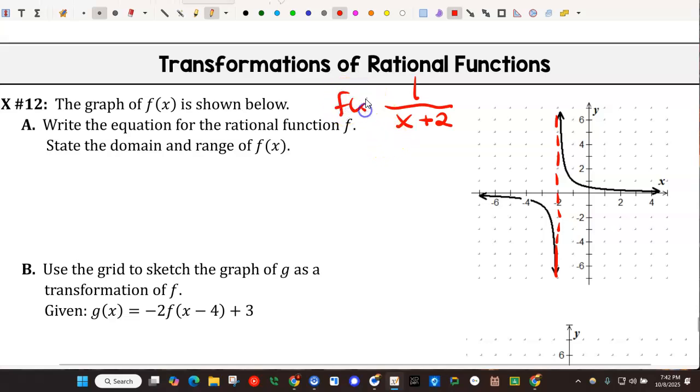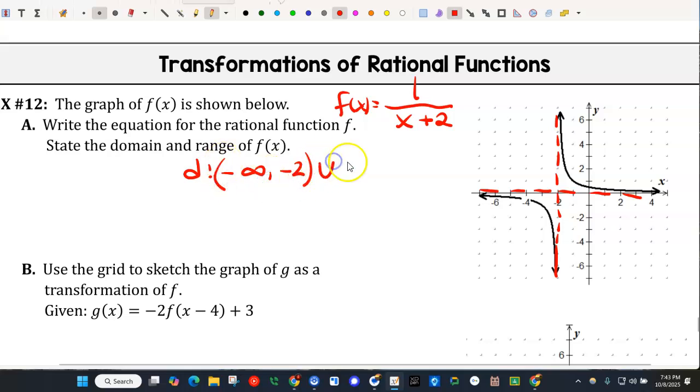That's f of x. And the domain and range is pretty much everything except for the asymptotes here. So it's going to be everything in the domain except for -2, and everything in the range except for 0. I'm just going to write domain, everything except -2.